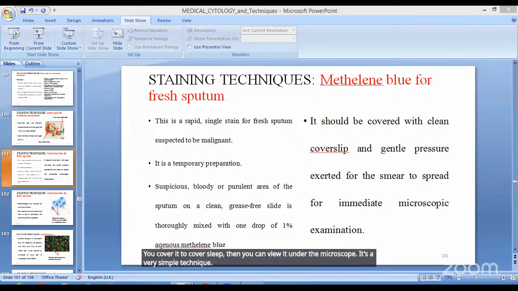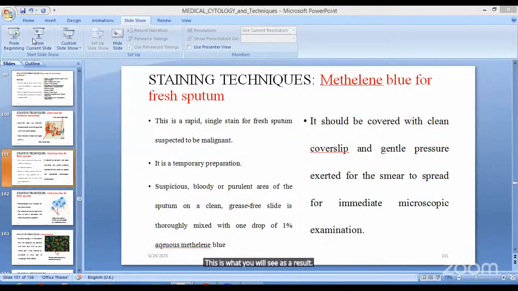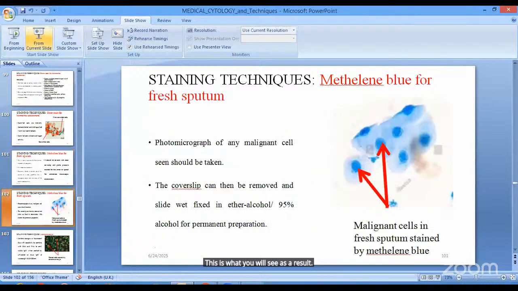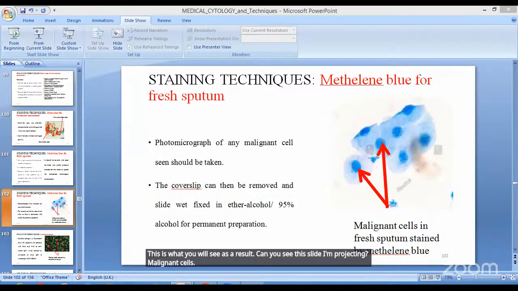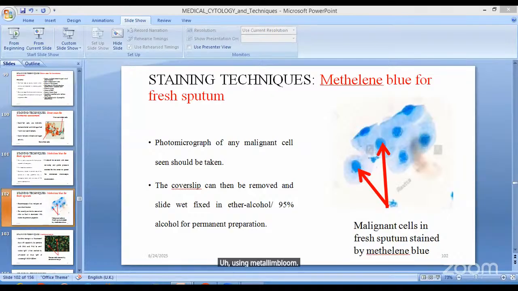This is what you will see as a result. Can you see this slide I'm projecting? Malignant cells using methylene blue. You can see they're large, nucleated. So there is an idea here that this sample is malignant.